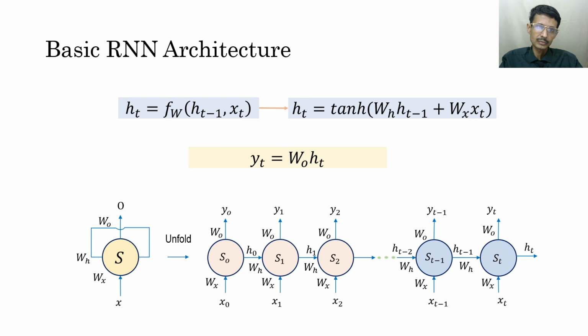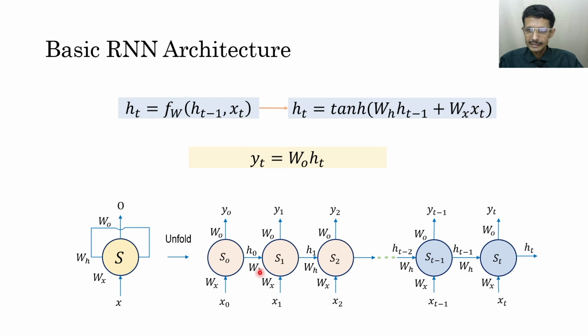In the last lecture, we discussed the basic RNN architecture for sequential modeling. This is the basic structure of the recurrent neural network, and this is a short description of the network. If we unfold this network with respect to different time steps, it looks like this.